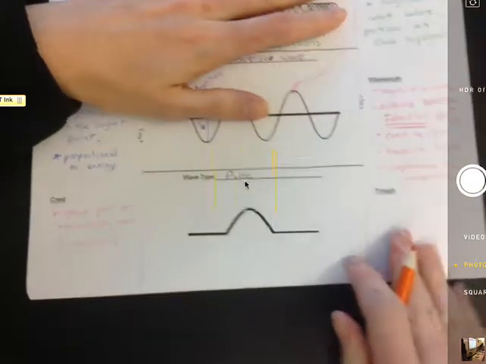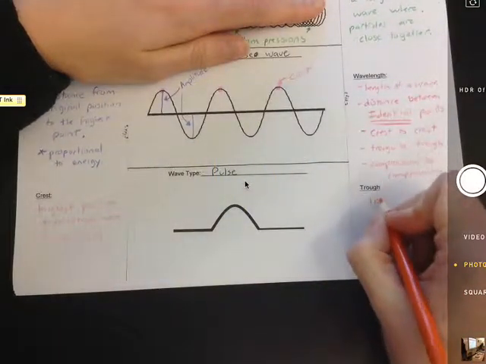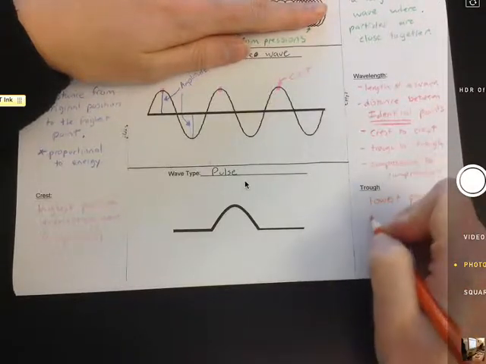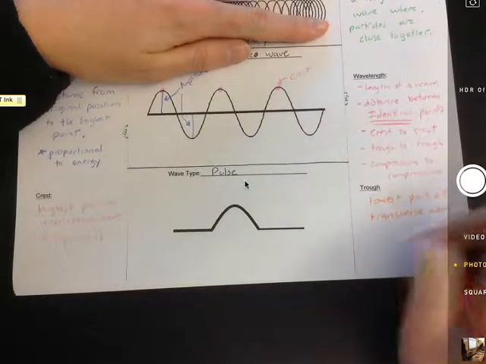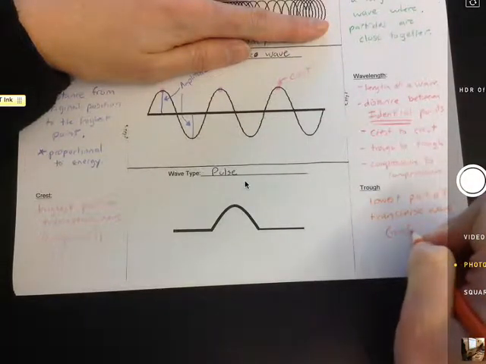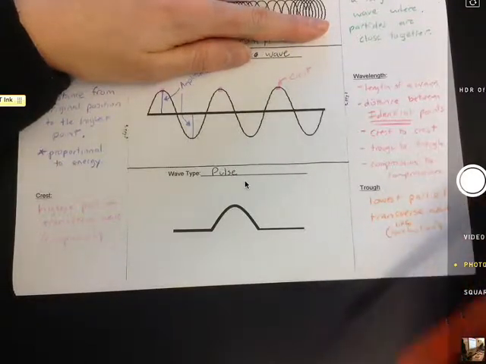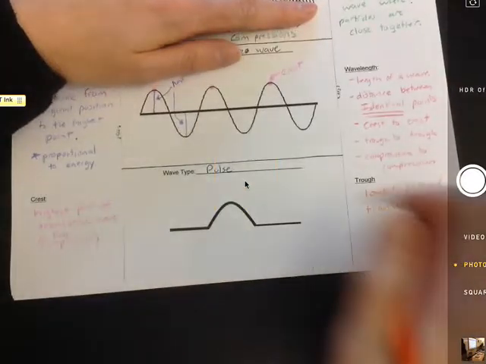Now the other kind of point, the low point, is called the trough. That is the lowest part of a transverse wave. And that is kind of like the rarefaction. It's not the same thing. I should put "like" there, and I should put "like" over here. It's not the same thing, but it's like it.